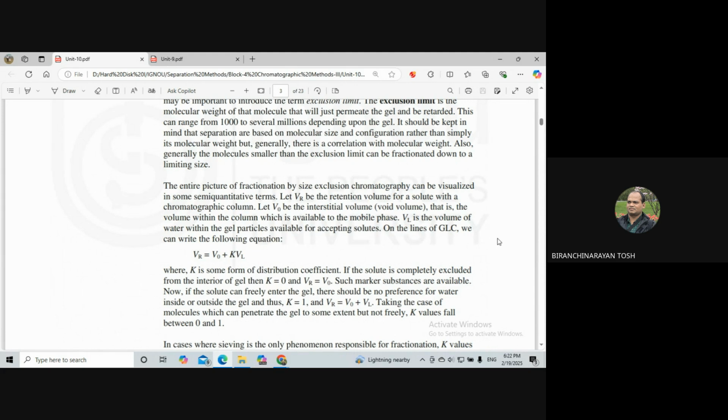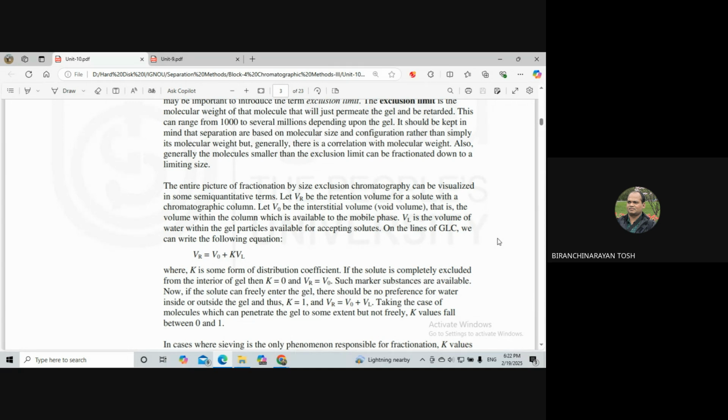VL is the volume of water within the gel particles available for accepting the solutes. On the lines of GLC, we can write the following equation: VR, the retention volume for the solute, will equal V naught plus K into VL, where K is some distribution coefficient.